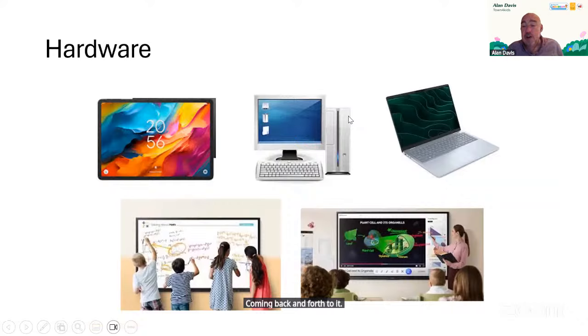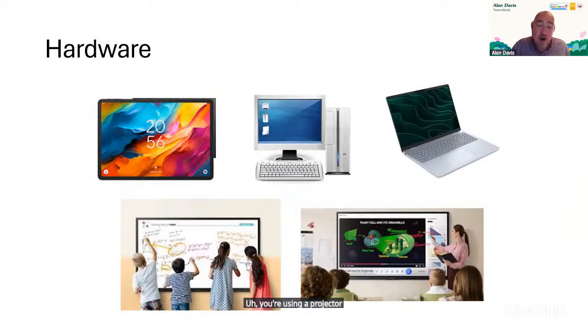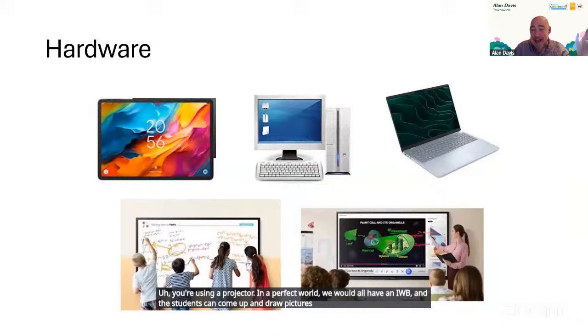What hardware do you actually have? It's very different if you're using a PC, a tablet, or especially an interactive whiteboard or a projector. In a perfect world, we would all have an IWB and the students could come up and draw pictures together and manipulate things. But for the most part, people will have something like a PC and a projector.